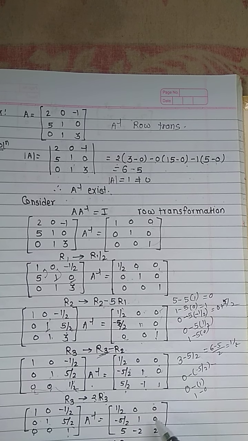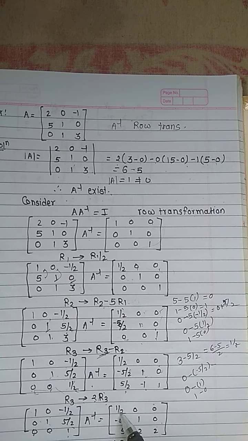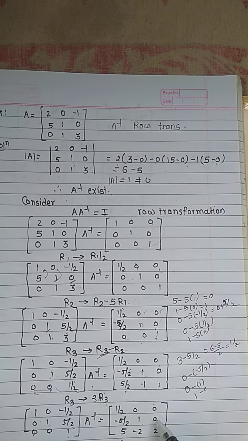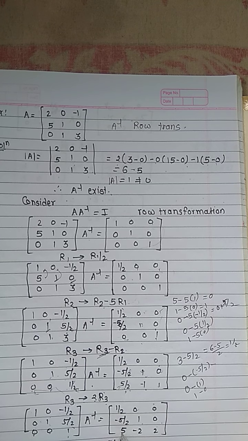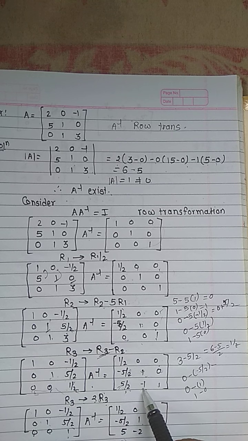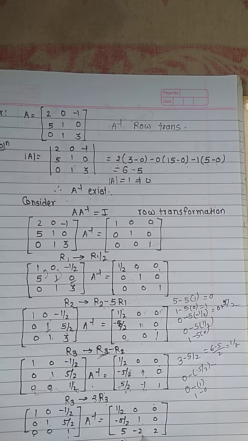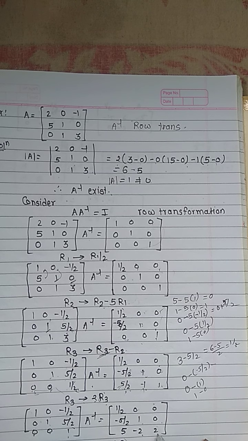R1 and R2 remain the same, that is 1 by 2, 0 0, minus 5 by 2, 1 0 remain the same. 2 multiplied by R3: 2 into 5 by 2, the 2 gets canceled, only 5. 2 into minus 1 written as minus 2. 2 into 1 written as 2.